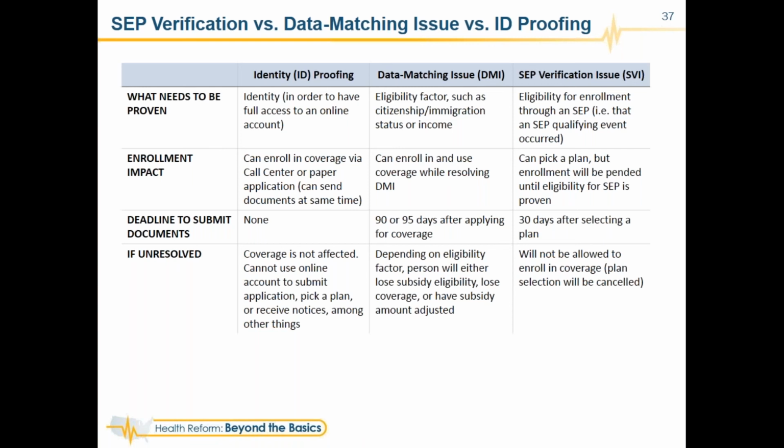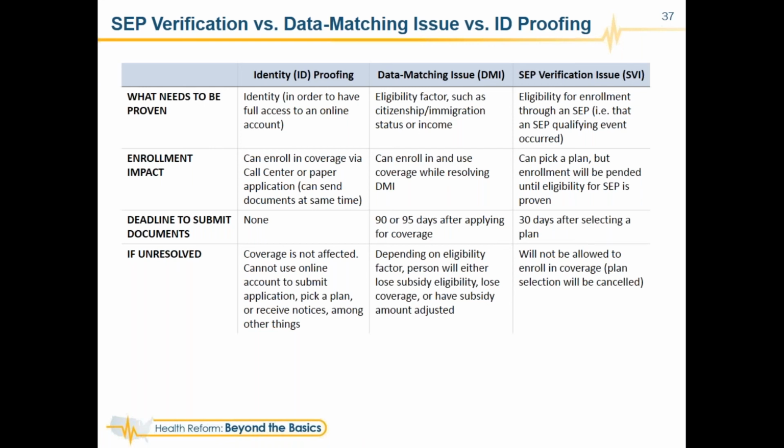Then we have data matching issues. The marketplace needs to verify certain factors like income and citizenship in order to prove a person is eligible. Many times, this is done through electronic interfaces with trusted data sources by comparing the information people input into the application to information that's in these trusted data files, okay?